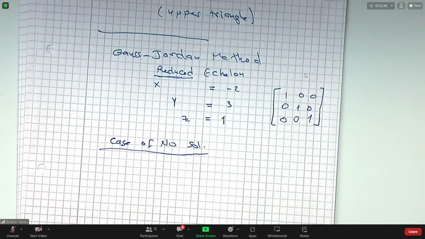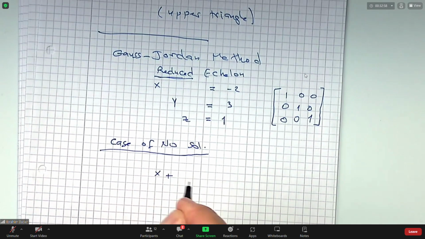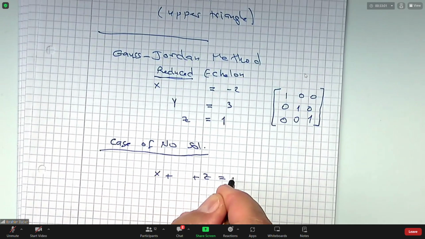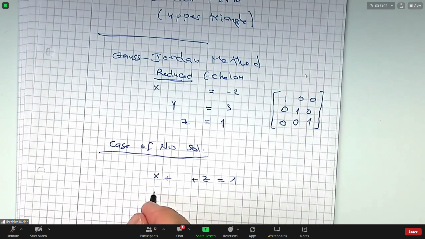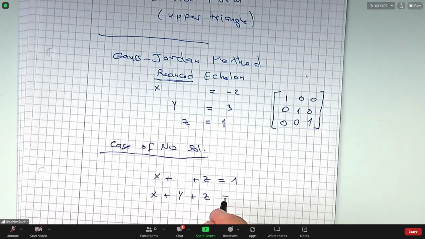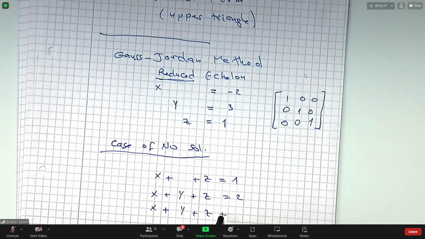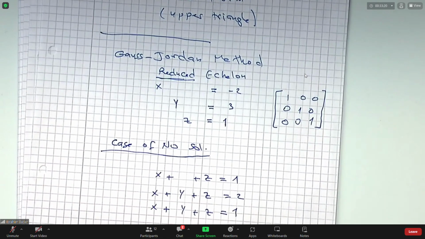Okay, if you have the following linear system: x plus z equals 1, then x plus y plus z equals 2, and then x plus y plus z equals 1.